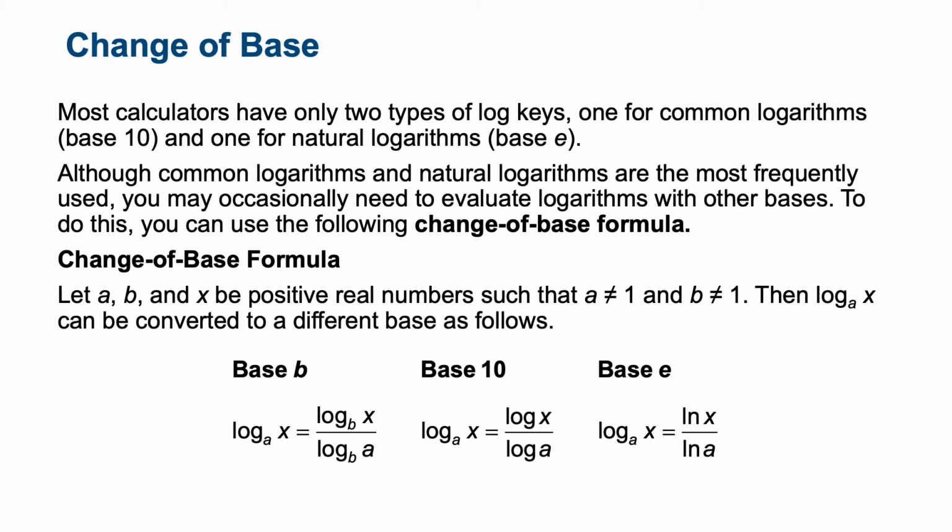You can also rewrite it as log of x over log of a with base 10, which is something you can enter in the calculator. Or you can rewrite them both as natural log, which is the same case as base b, but specifically where b is e. So ln of x over ln of a is the same thing as log base a of x.